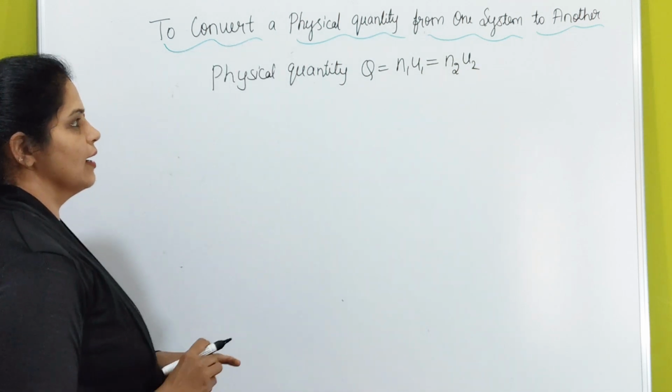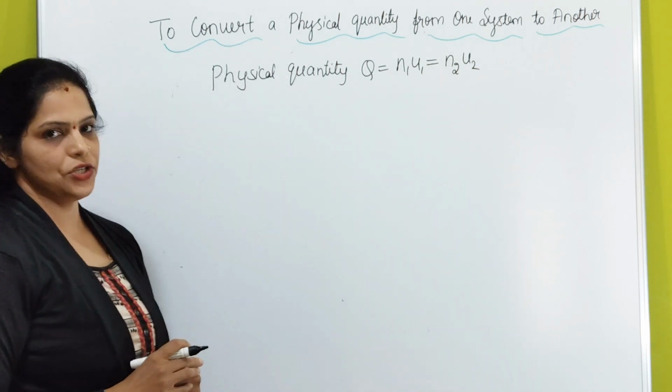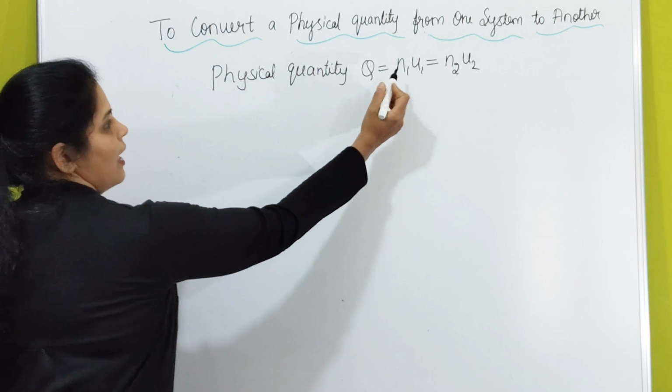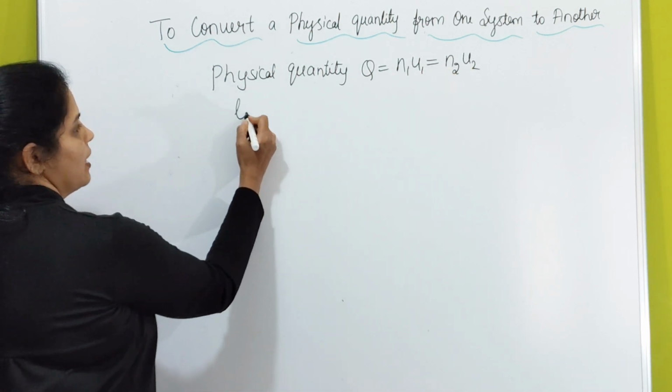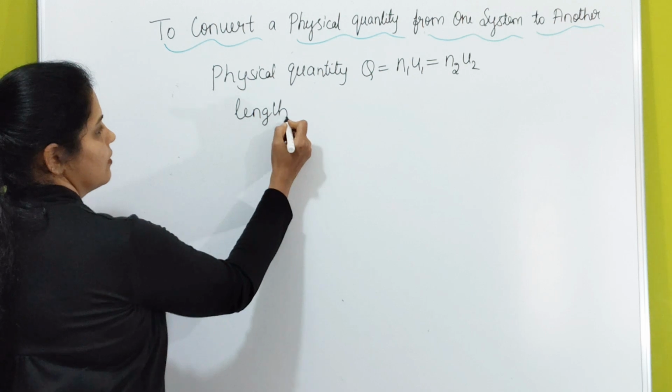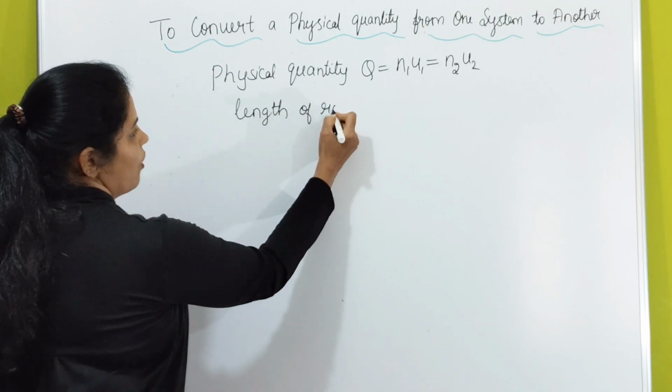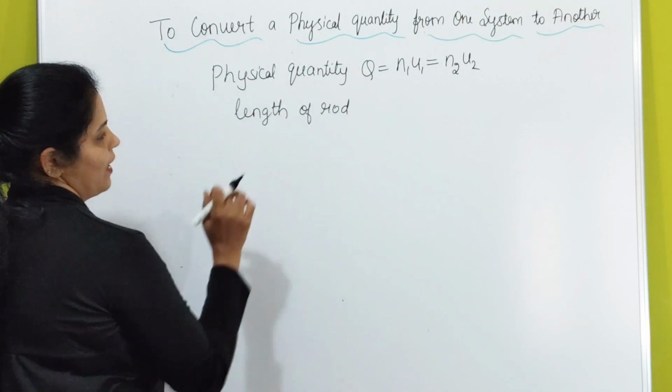That means any physical quantity can be written as N1 U1 is equal to N2 U2. For example, length of rod. Here length is a physical quantity.